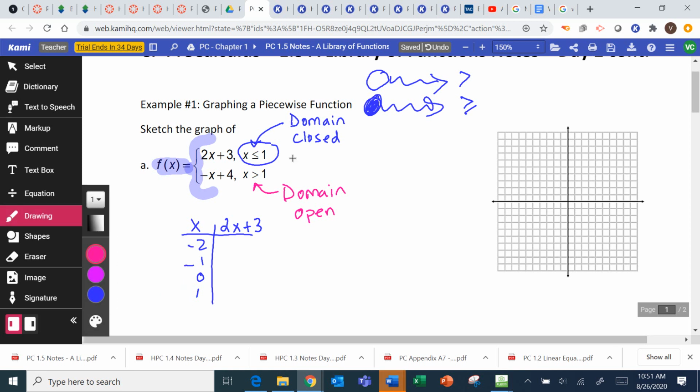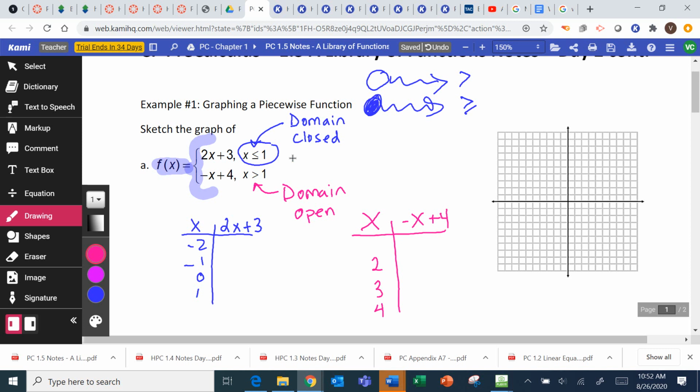Okay, how about for the other equation? We've got x, and then we've got negative x plus 4. What x values am I allowed to use for the other equation, Caroline? Okay, can you give me some examples?